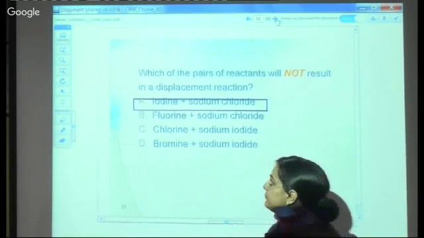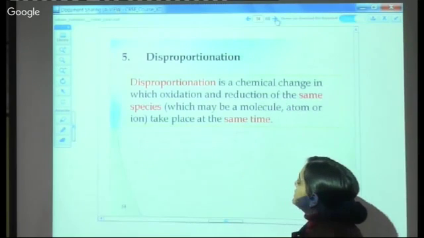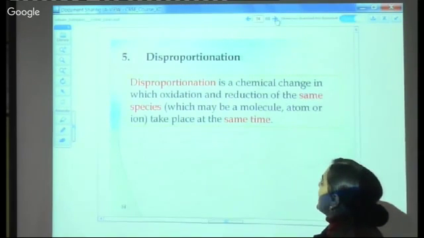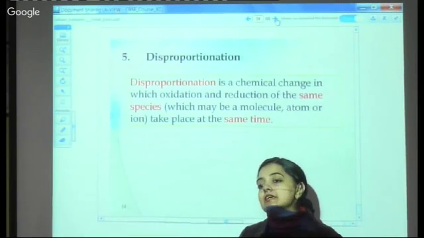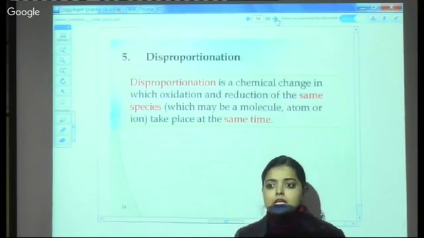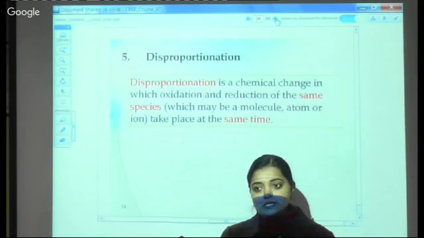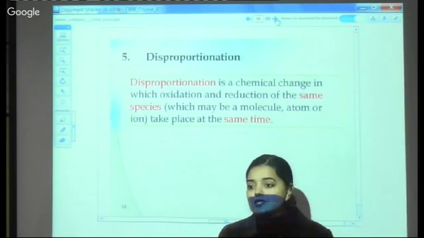Next slide. Now, disproportionation reaction. Disproportionation reaction is a chemical change where the oxidation and reduction happens at the same species. Though in redox reactions, what happens? That the oxidation and reduction happens simultaneously, but on the other species at the expense of each other.